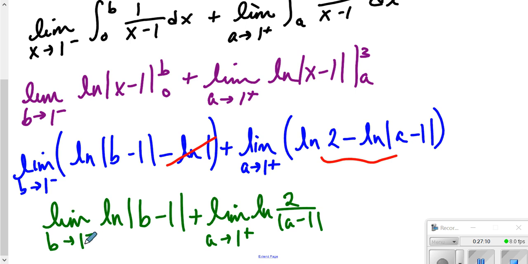Because if I think about coming toward 1 from the left, then I have natural log of something that's approaching 0. Natural log at 0 has a vertical asymptote. And the curve, my graph of natural log, is this one.